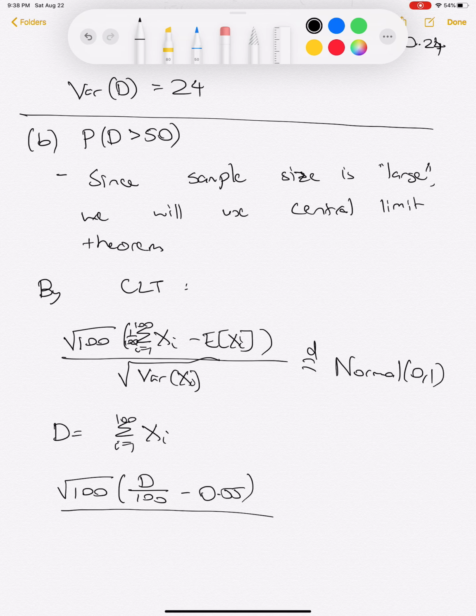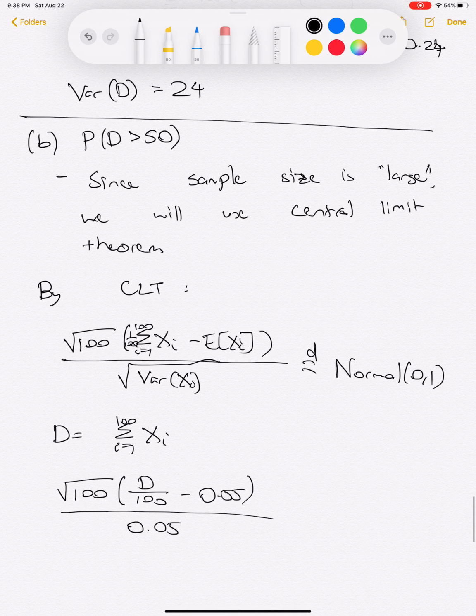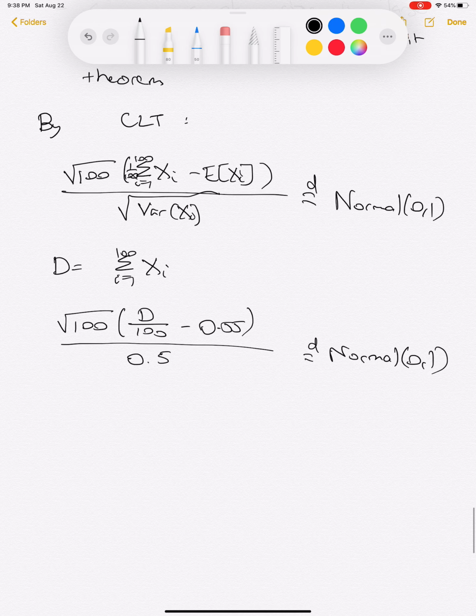We also know that the variance of xi is 0.224, and if we take a square root of that, this is going to be very, very close to 0.5. And so we want to find the probability that D is bigger than 0.5.